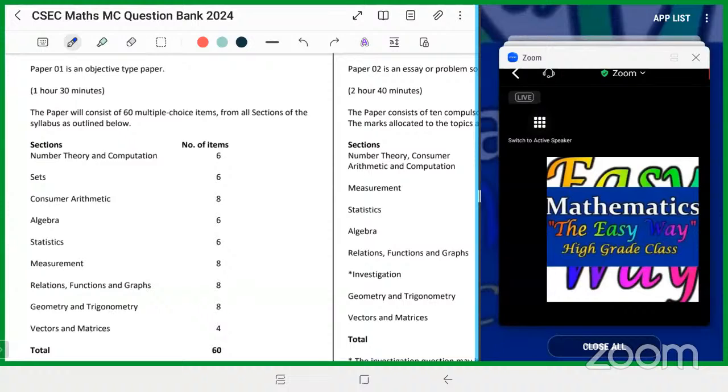So CSEC knows that the questions are out there. Now, in the past, they could give an exam paper with all 60 questions repeated, verbatim, word for word, no change. People who had access to multiple choice past papers would be at an advantage. Still, I guess it's an advantage now. But back then, they would probably set a paper and not need to make any change because so few persons would have any, if any at all.